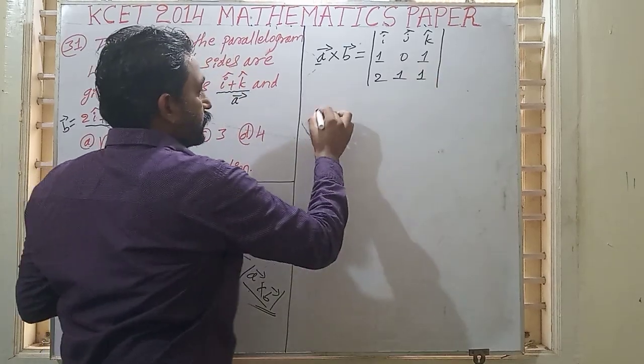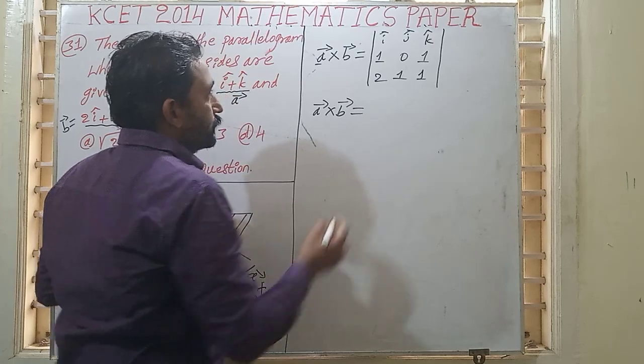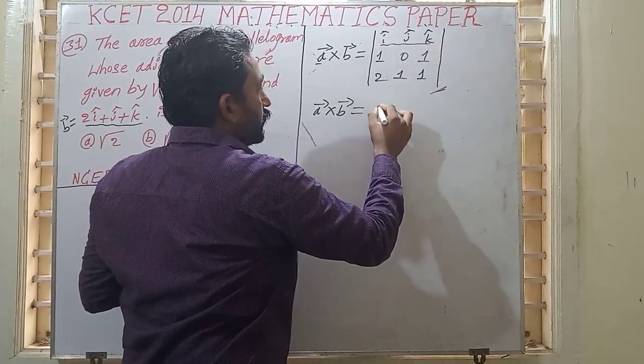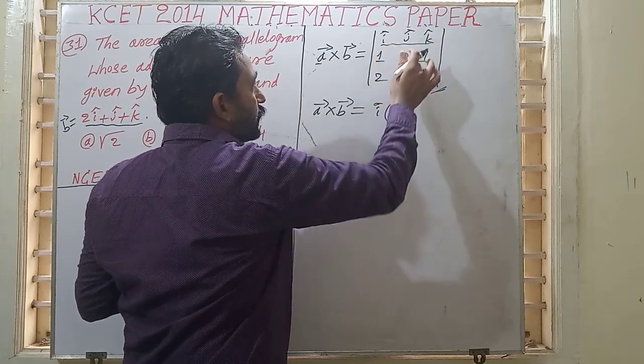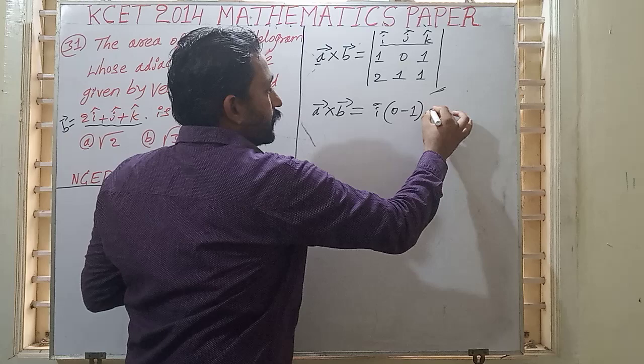So solve this equation. A cross B is equal to, expand this determinant along the first row. So i, delete first row, first column, remaining 2 cross 2 determinant: 0 times 1 minus 1 times 1, that is minus 1.